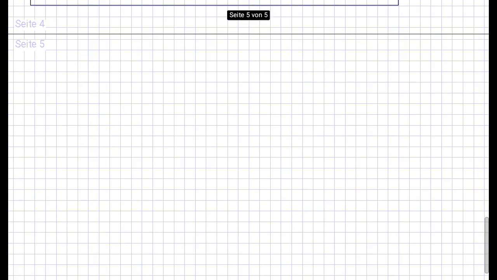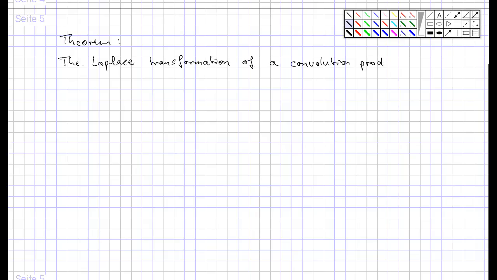And then the convolution theorem states the Laplace transformation of a convolution product, and this is abbreviated with F1 star F2, is given by the product of the Laplace transformation.